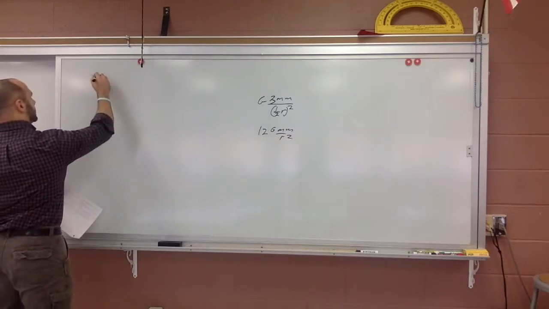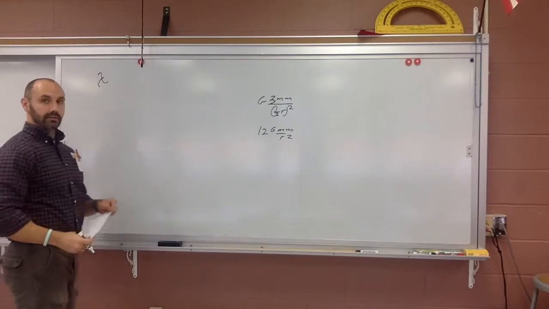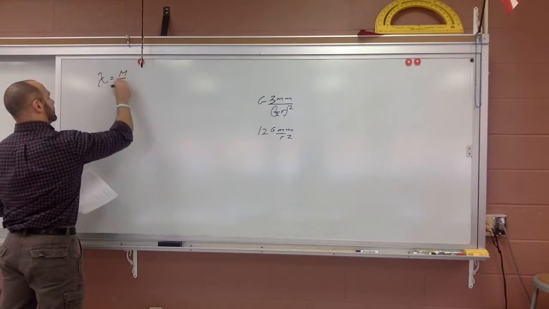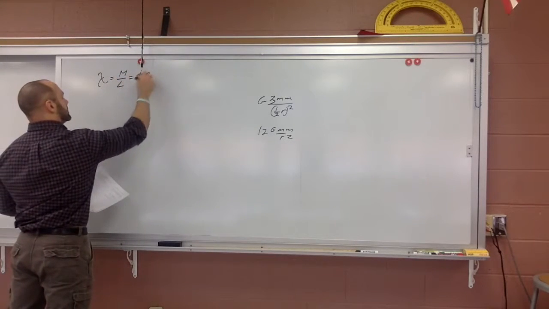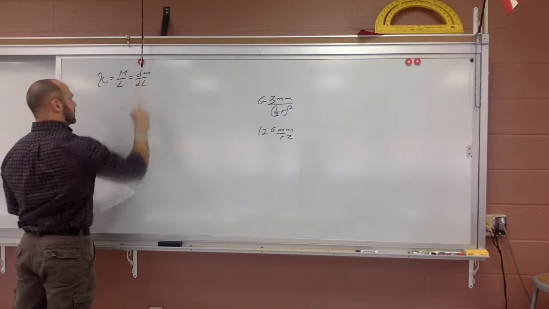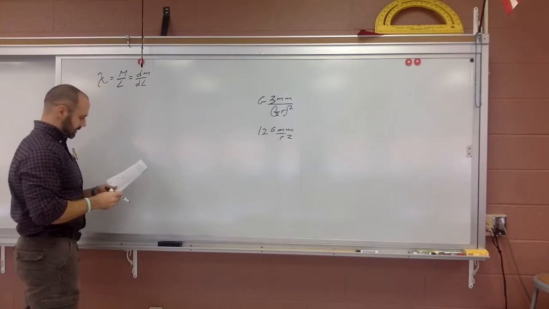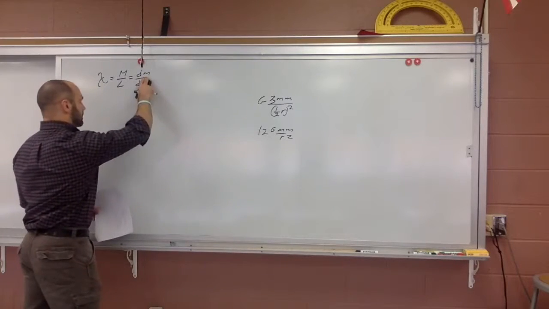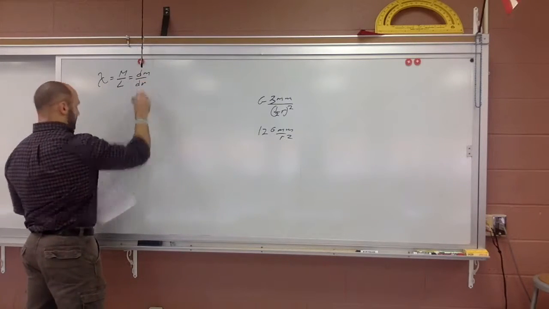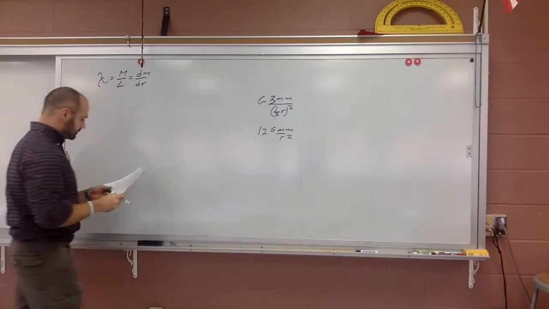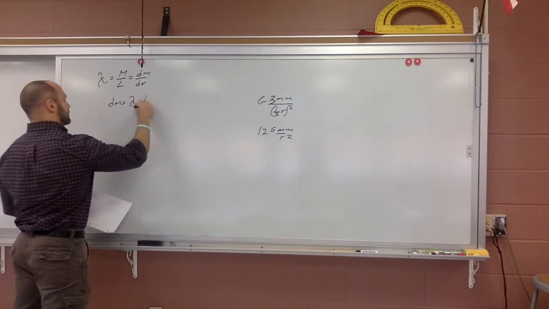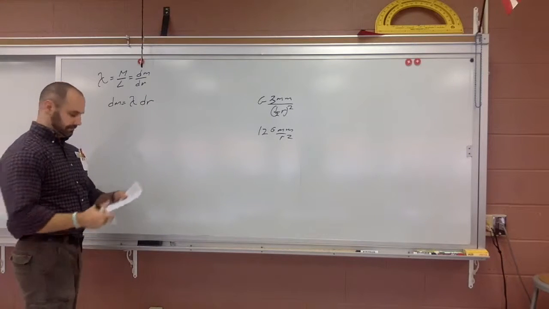We have lambda, remember that's the linear mass density, and that is m over L, or dm dl, or in this case we're going to call it r because of the way it's set up, dm dr. And so then dm is lambda dr. Okay.